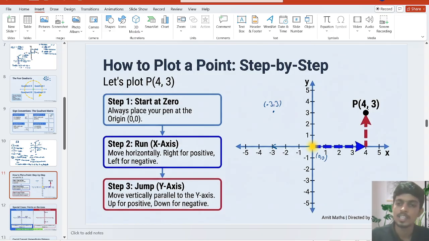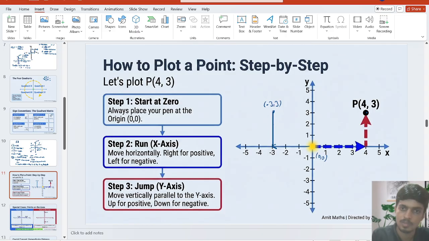Here 3 is positive, so we go up to 3. This is (4, 3). For (-3, 3), since x is negative we jump left from the origin by 3, and since y is positive we go up, parallel to the y-axis.